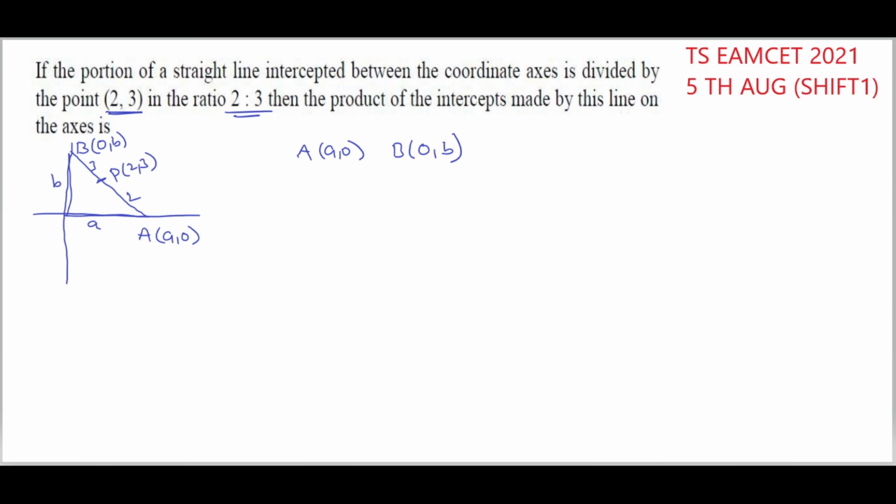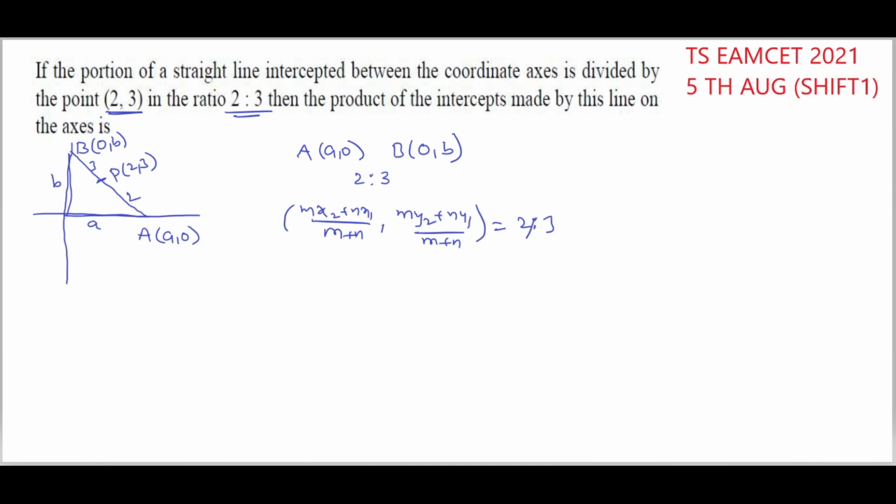Now we find the product of these two intercepts. So these 2 points are divided by the point (2, 3) in the ratio 2:3. Applying the internal division formula, (m x2 plus n x1) by (m plus n), comma (m y2 plus n y1) by (m plus n), with ratio 2:3.